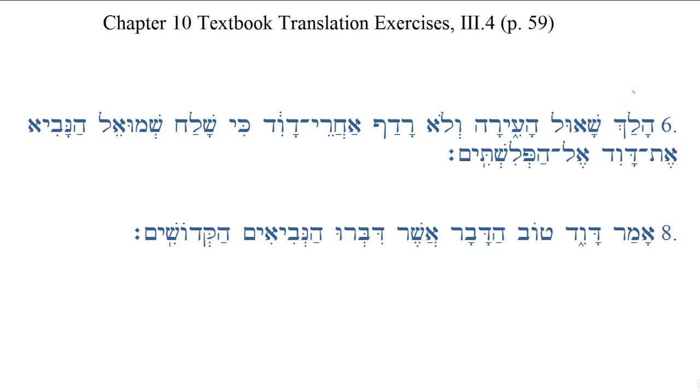Okay, so we have halach, our third masculine singular perfect from the root halak, which means to go or to walk. And Shaul then is the proper name, Saul. So Saul went ha'ira. Notice the atnach also tells us that the accent is on the second syllable here, ha'ira.